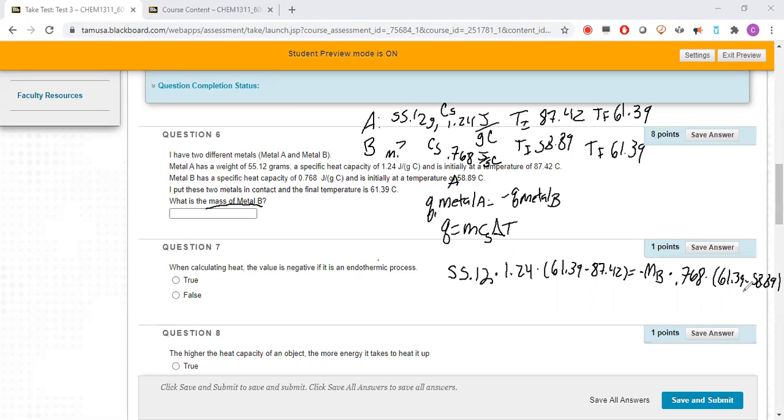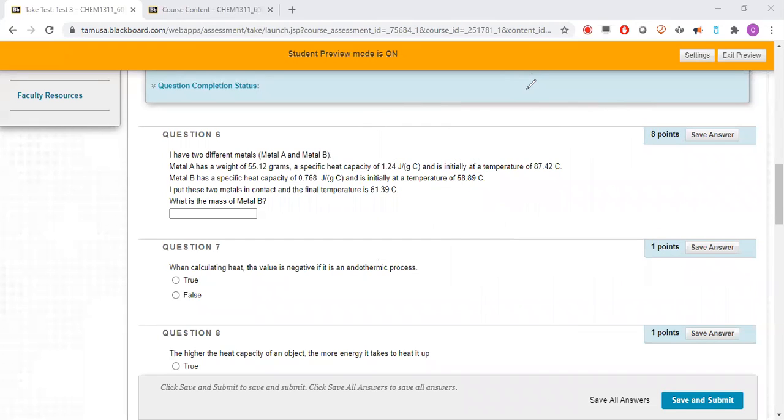B can't have a negative mass. I can't say something minus 80 grams, right? So this should always have been a positive number, which means mathematically you just forgot that negative sign in front. So just keep that in mind moving forward: when you get an answer, ask yourself, does that make logical sense? Can I have a negative mass?